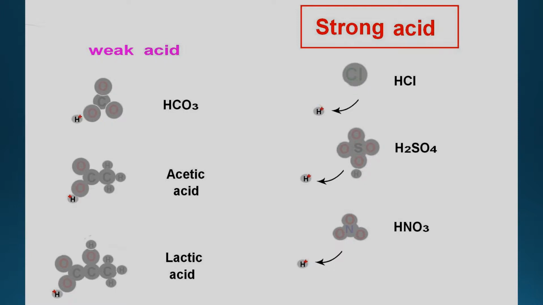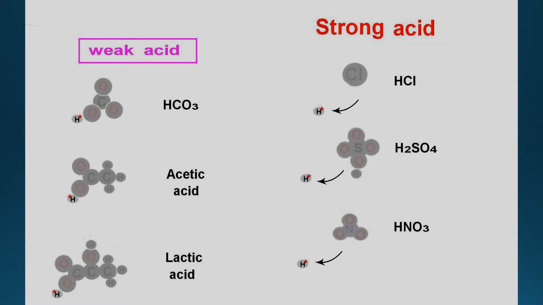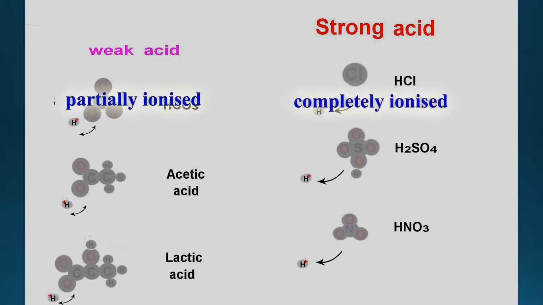Then how about a weak acid? A weak acid will be only partially ionized as follows. So a strong acid will completely give out the H plus ion. A weak acid will only partially, half give, half not give out this H plus ion.